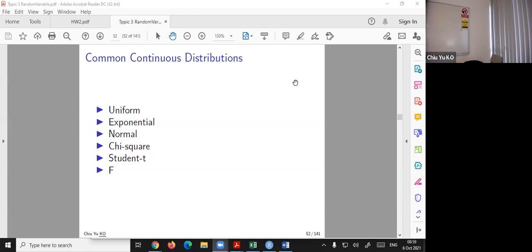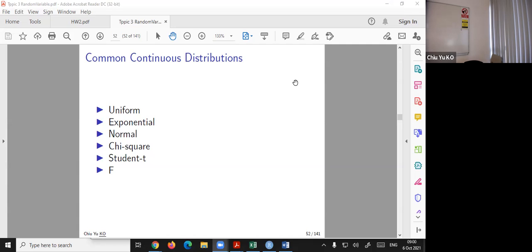The main one is the normal. The normal distribution we will be using for the rest of our course. You will see normal and normal again, and also Student t, which is closely related to normal. These two we will probably use for the rest of our course.